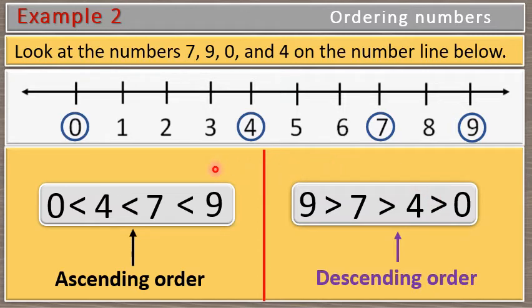So we are not having much things to write here. Just we will look at the number line and we will mark the numbers given in the question, and looking at the marked numbers, we can write the numbers in ascending order or in descending order.